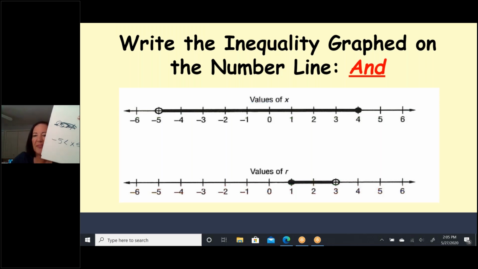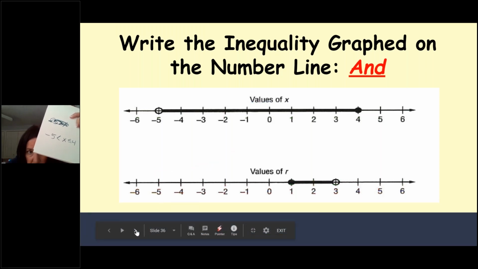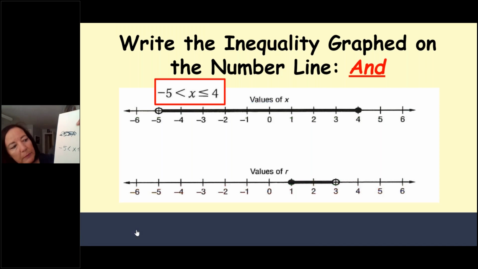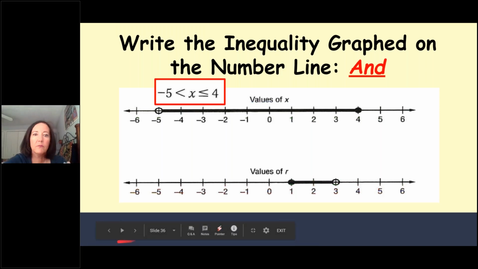Nice job. But here's where I'm confused. Oh, I see what you're saying. I don't get it because if x is here in the middle. Okay, so now look, I put the answer on the screen. It might be easier to see it.